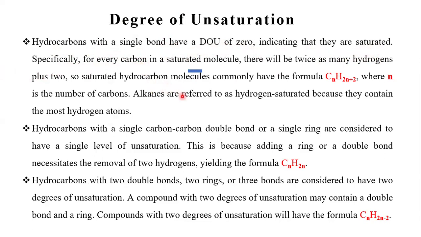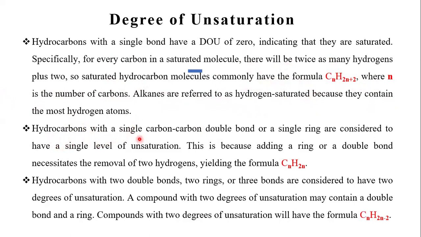That's a saturated hydrocarbon molecule. They have the formula CnH2n plus 2, where n is the number of carbons. Alkanes are referred to as hydrogen saturated because they contain the most hydrogen atoms.